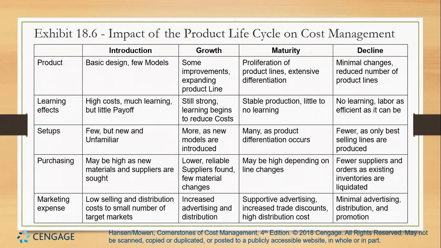Then we have the introduction, growth, maturity, and decline. For the product: the basic design, few models, some improvements, expanding product line, proliferation of product lines, extensive differentiation, minimal changes, reduced number of products.